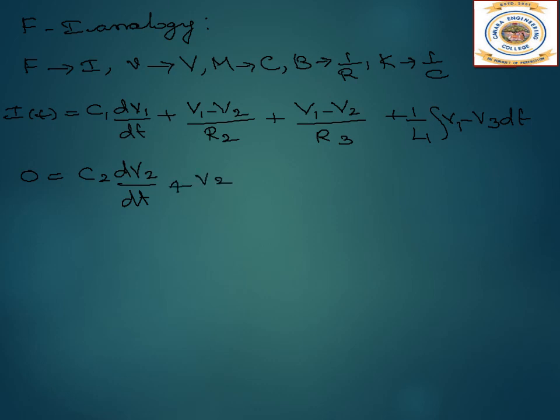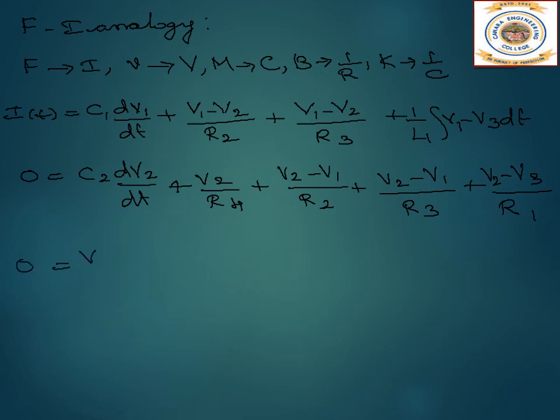Plus V2 by R4 plus (V2 minus V1) by R2 plus (V2 minus V1) by R3 plus (V2 minus V3) by R1. Equation 2. Equation 3: 0 is equal to (V3 minus V2) divided by R1 plus 1 by L1 integral (V3 minus V1) dt. So these are the equations.